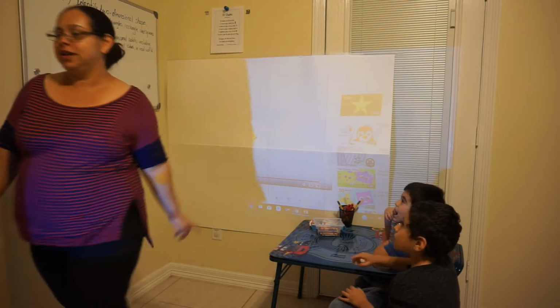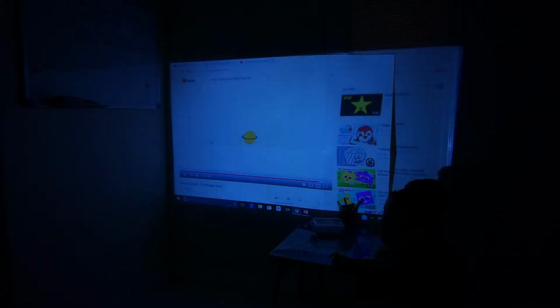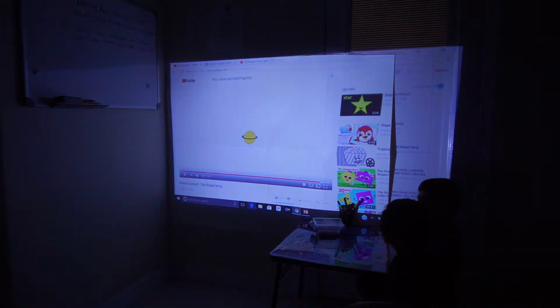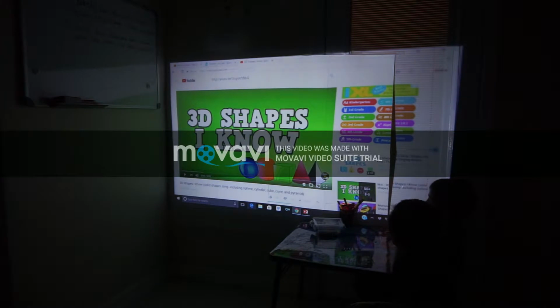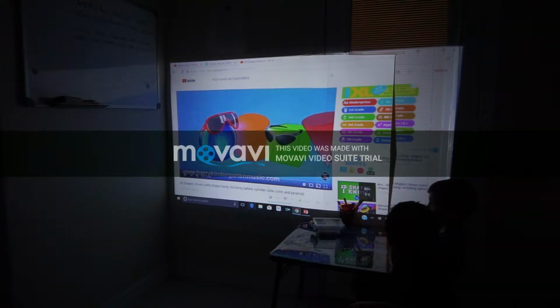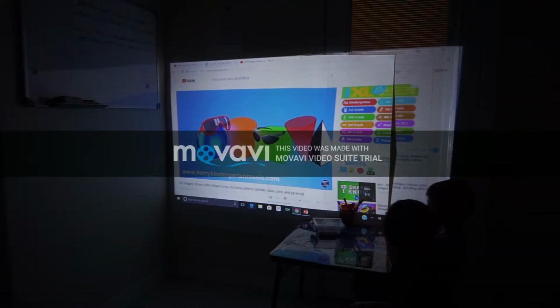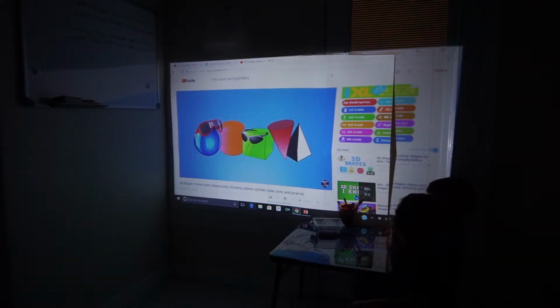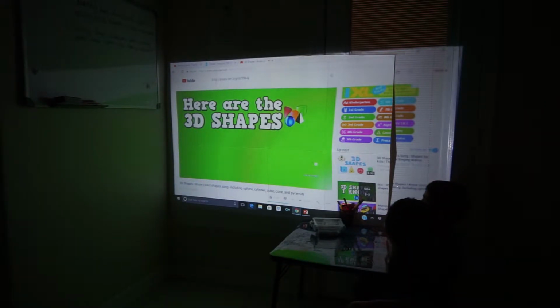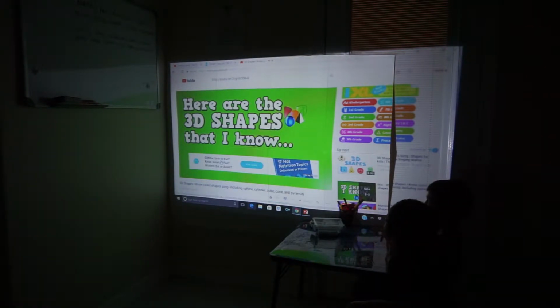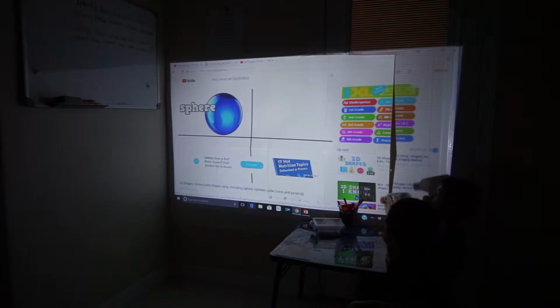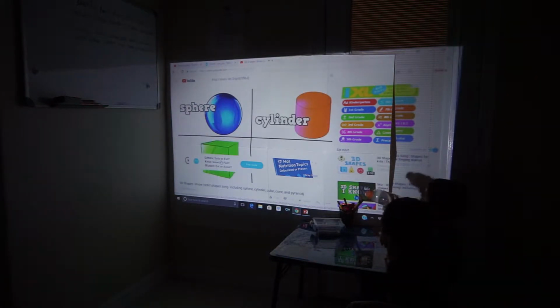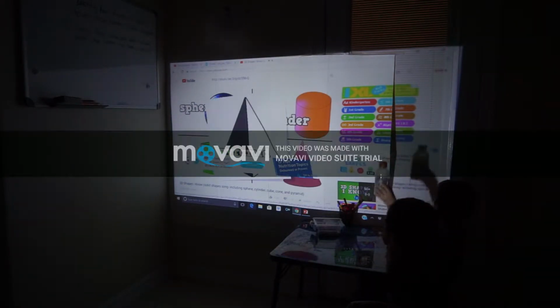I'm a 3D shape expert. Here are 3D shapes that I know: a sphere, a cylinder, a cube, and a cone.